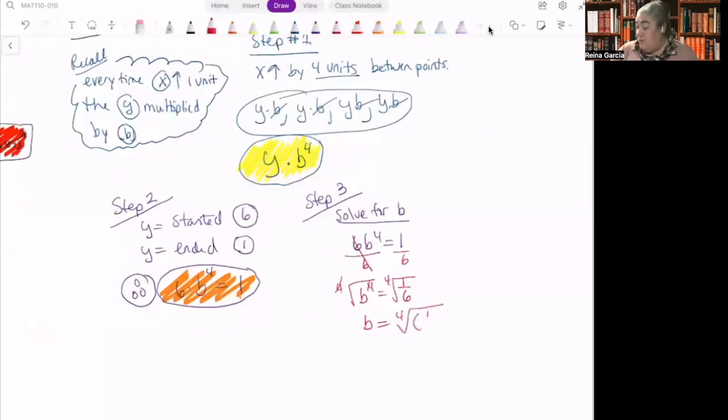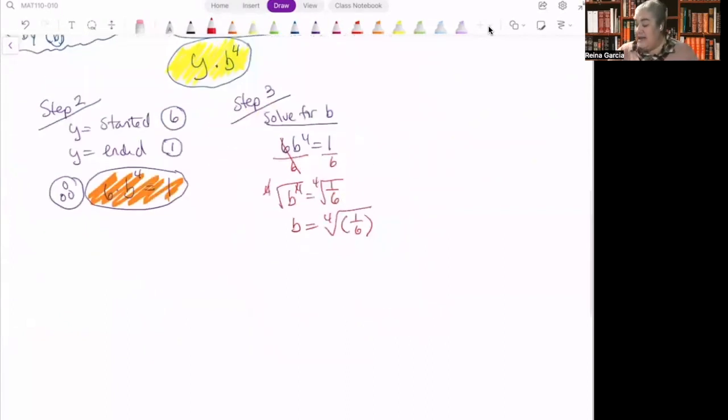Now, I can't enter this into Excel in this form, right? But I can if I change to exponential form. So that's what I'm going to do. Remember that to do that, you just simply take whatever's under the radical, so b equals whatever's under the radical, which is 1/6.